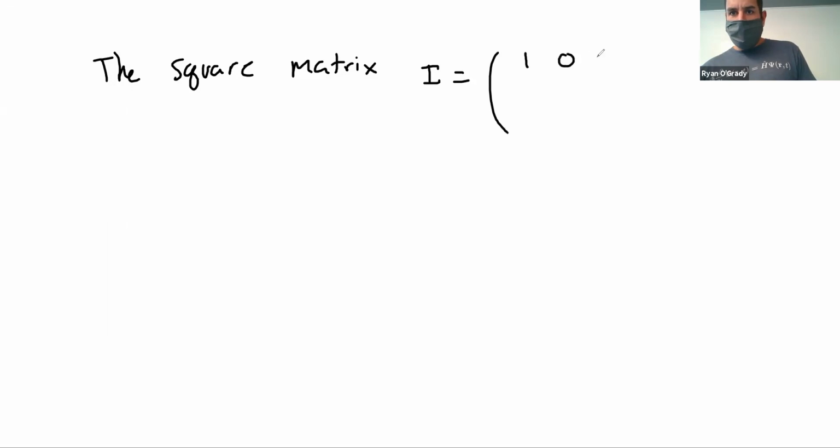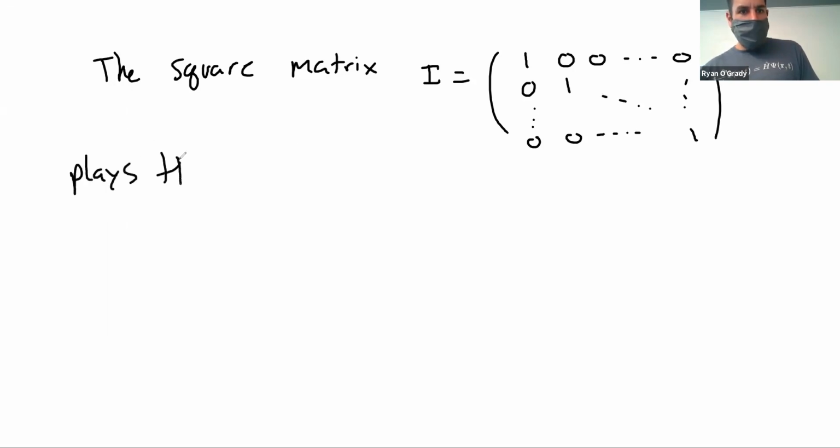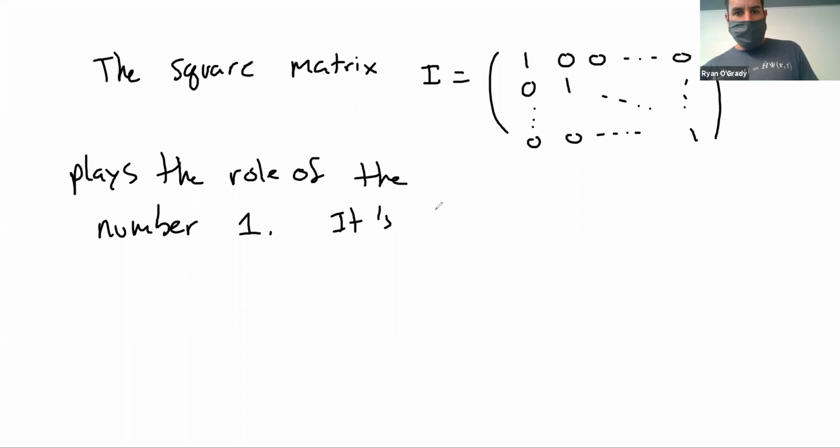Now I'm being very specific about the square matrix. What does square mean? It means rows equal columns. The square matrix I, which we denote with 1s down the diagonal, has zeros everywhere else. This plays the role of the number 1, and it's called the identity matrix.